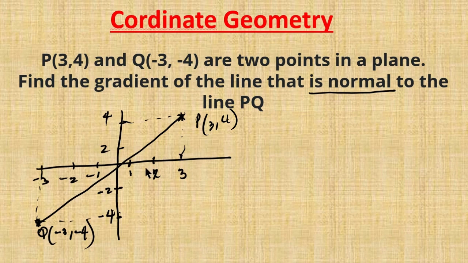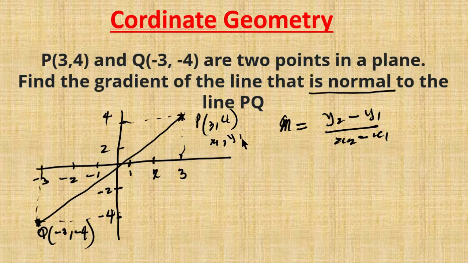First thing is to find the gradient of line PQ. The gradient of a line, we'll call it M, is always given as y2 minus y1 all over x2 minus x1. So let's call point P point 1, so this will be my x1, y1, and point Q, this will be my x2, y2.